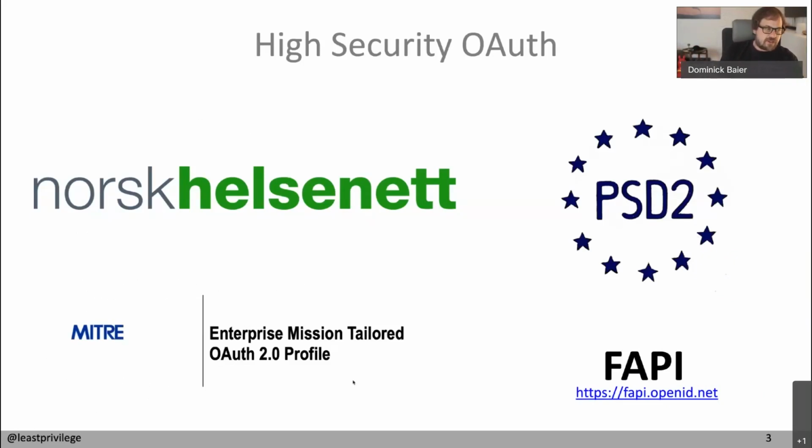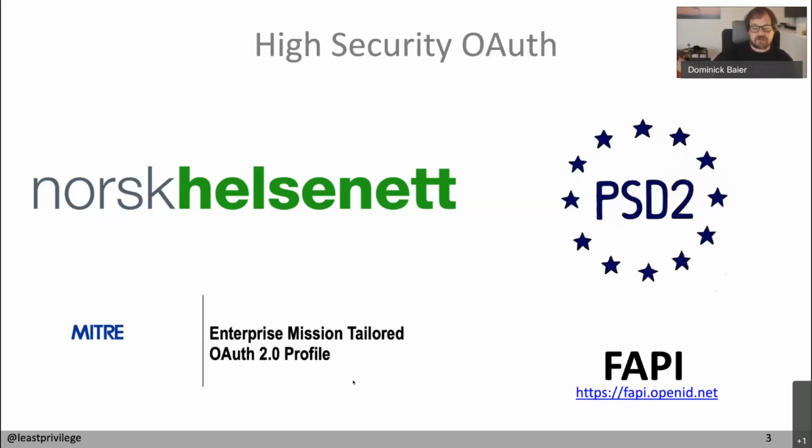But as you can imagine, especially in healthcare, there are so many laws and special regulations and rules that plain OAuth, as it is in RFC 6749, is not enough. You need a more secure profile of these protocols to cater for these industries. And so we've been working on this profile.